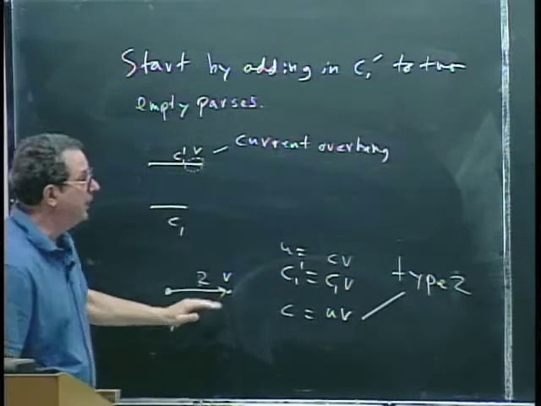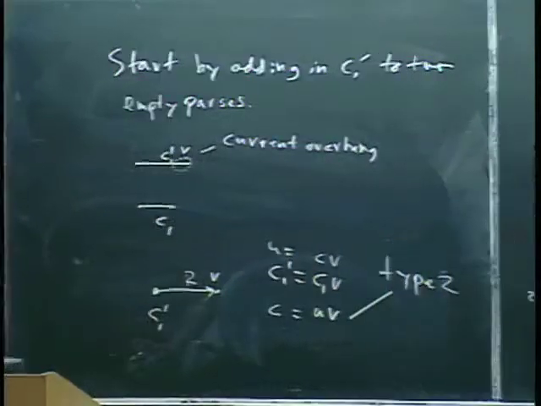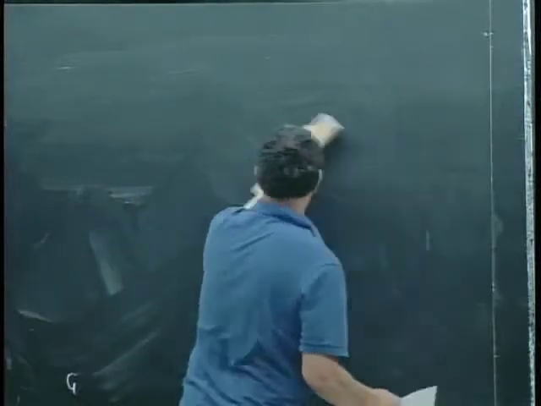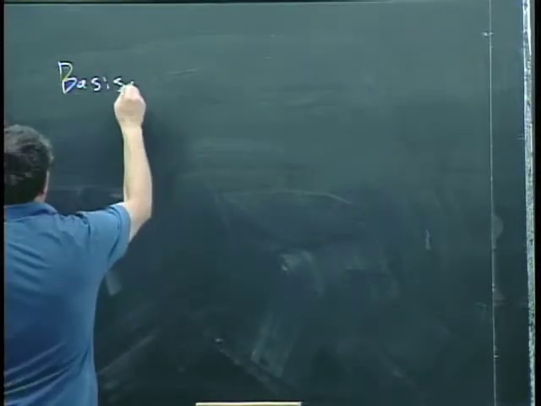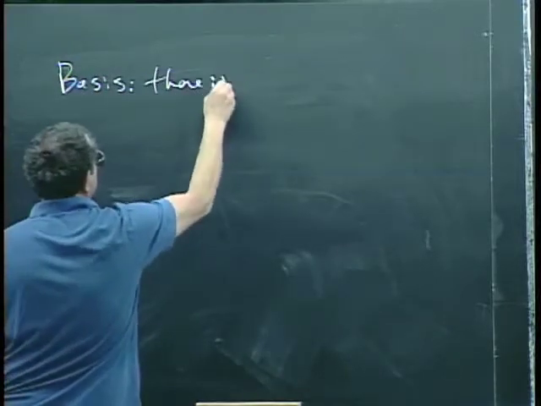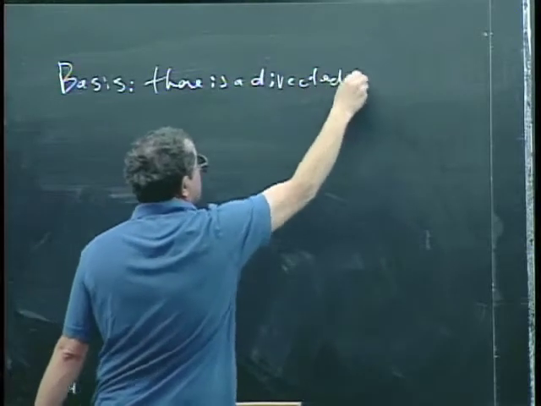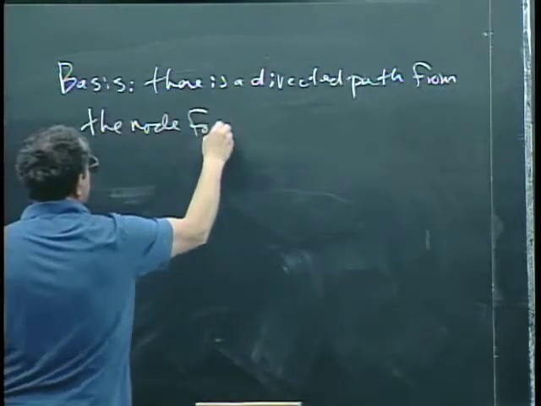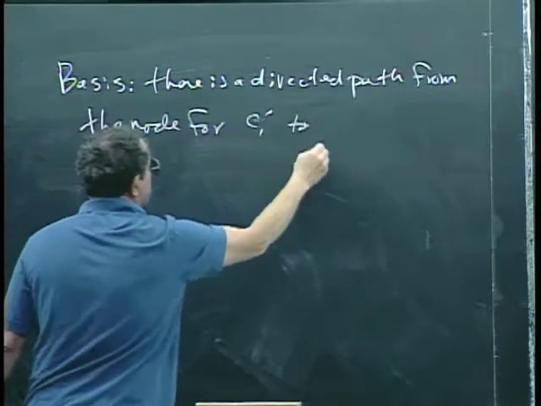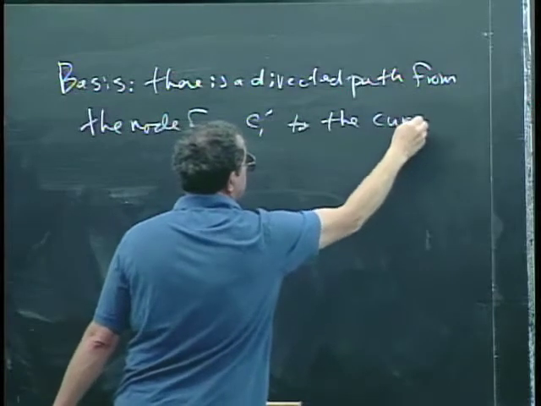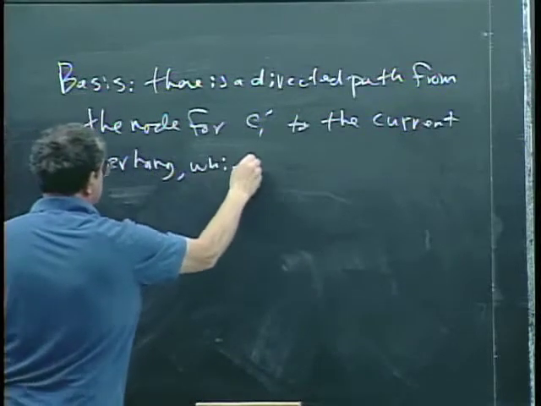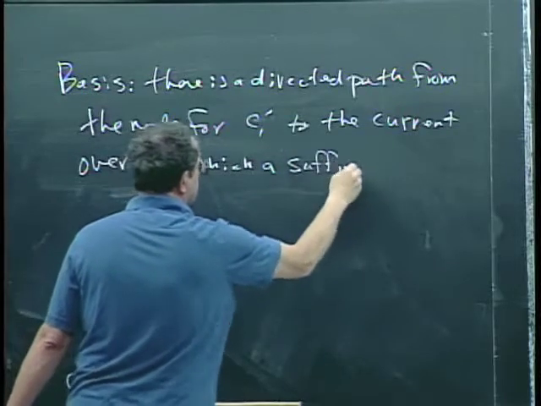So right now we have the basis of the induction, or you might call it an invariant statement: there is a directed path from the node for C1 prime to the current overhang, and that is a suffix of a code word.